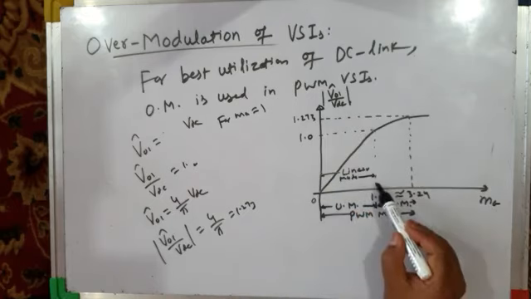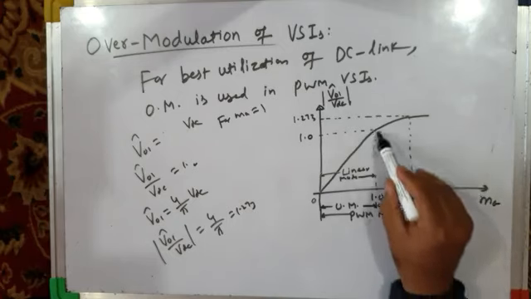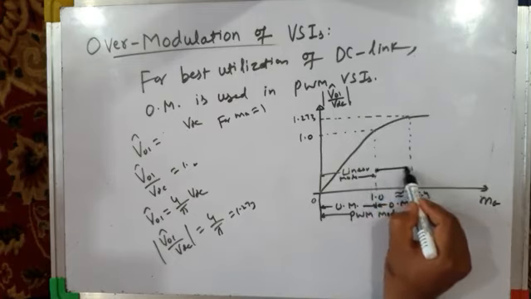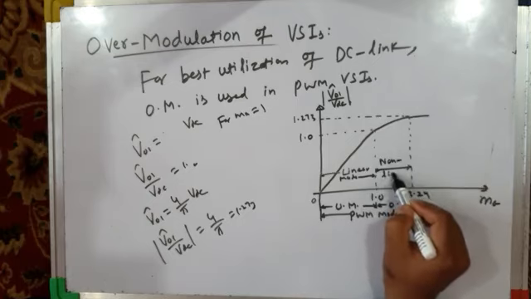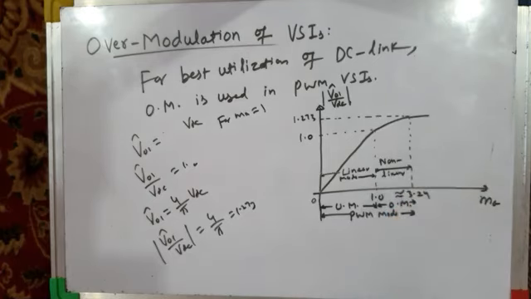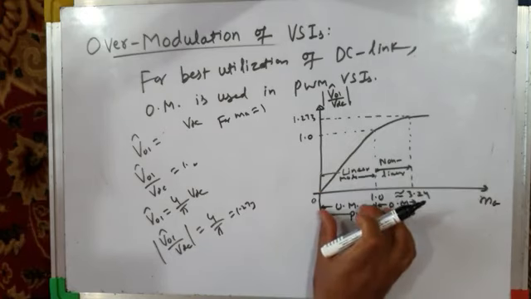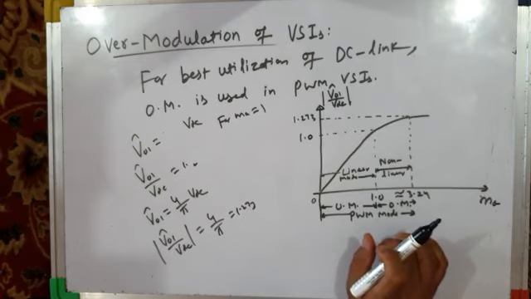When you go into over-modulation mode, your inverter output voltage increases with increase in modulation index, but it does not increase linearly. It increases in a non-linear manner. So your PWM mode is divided into linear mode of operation, which belongs to under modulation, and non-linear mode of operation, which belongs to over modulation.